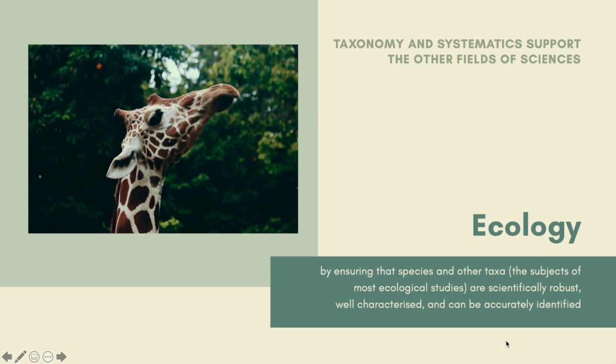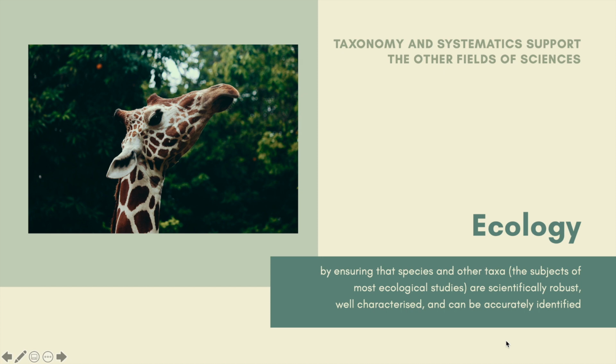Moving on, in keeping up with our utilitarian narrative, of course, our field would also be important. It will act as a supporting character to other fields of sciences. It's actually very important for these fields. In ecology, by ensuring that species and other taxa are scientifically robust, well characterized, and accurately identified.